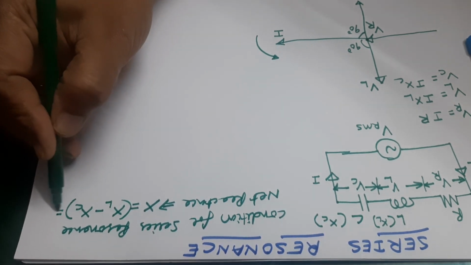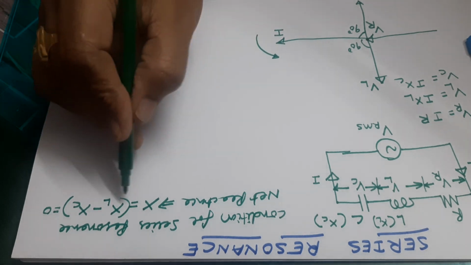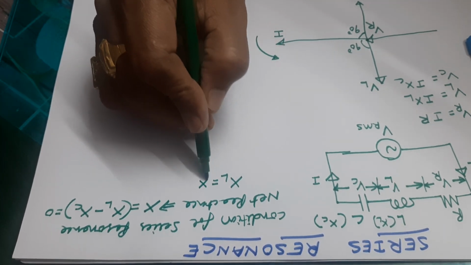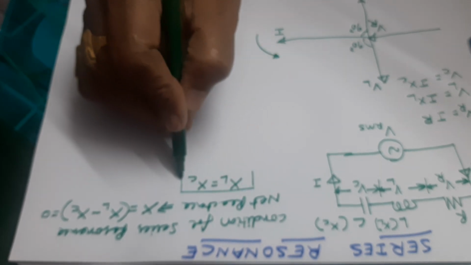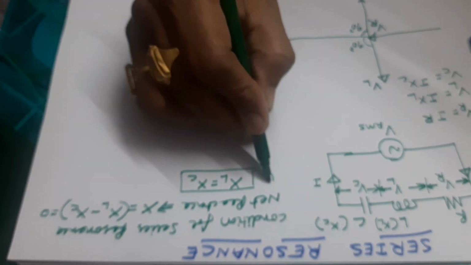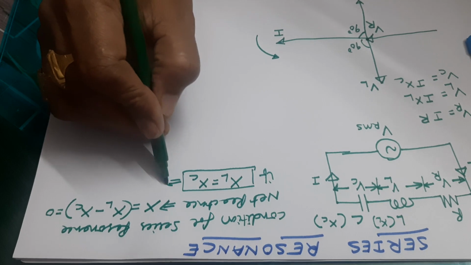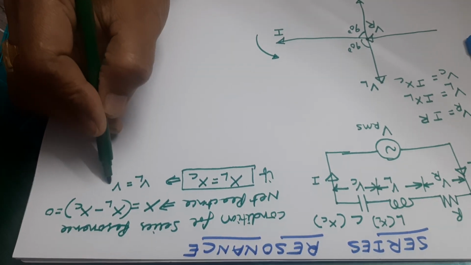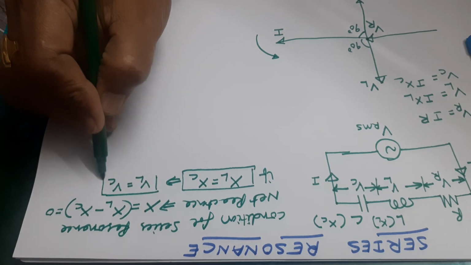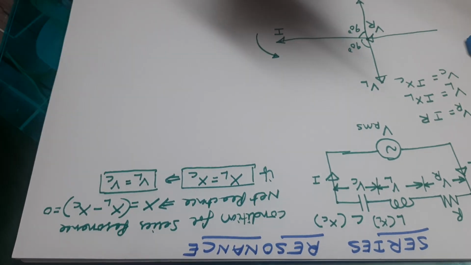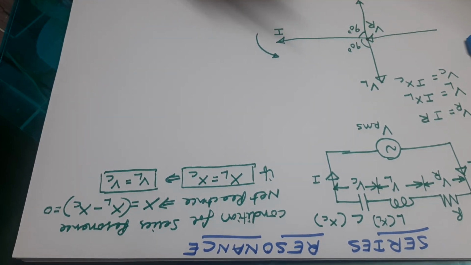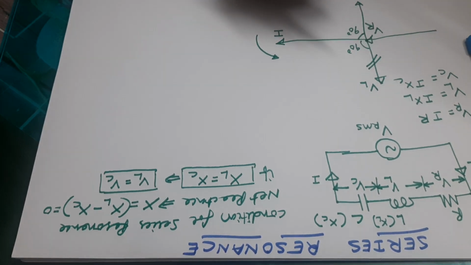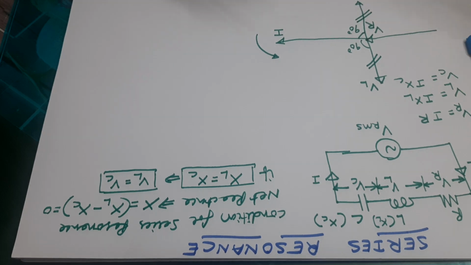This value should be 0, so it will happen only when inductive reactance is equal to capacitive reactance. If XL equals XC, the voltage drop across inductance is the same as the voltage drop across capacitance. Therefore, in this phasor diagram, VL is equal to VC.